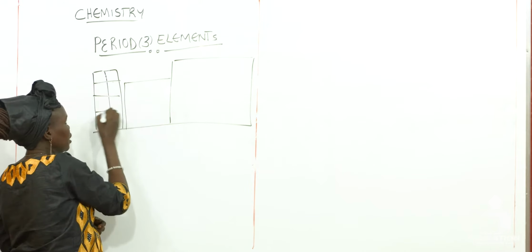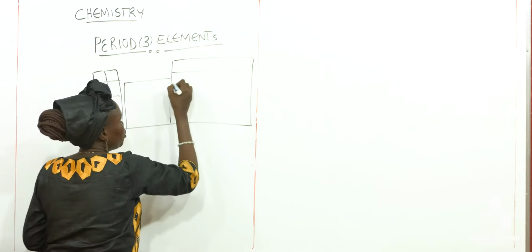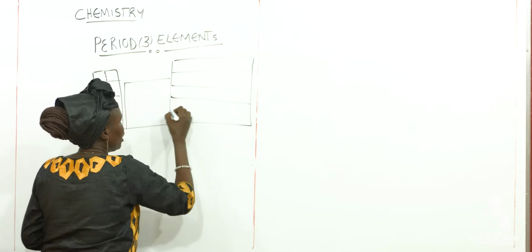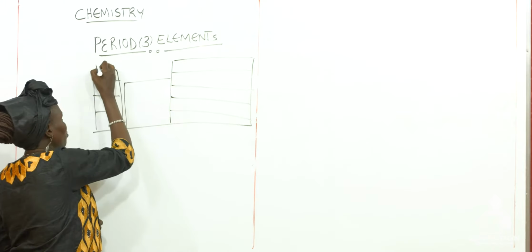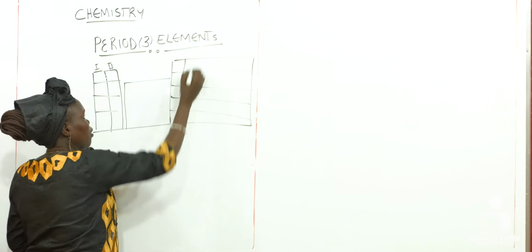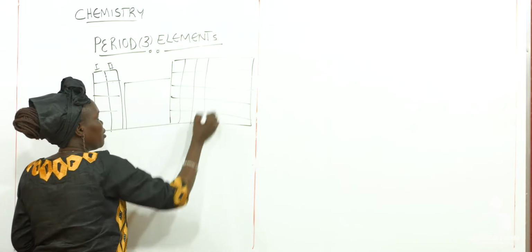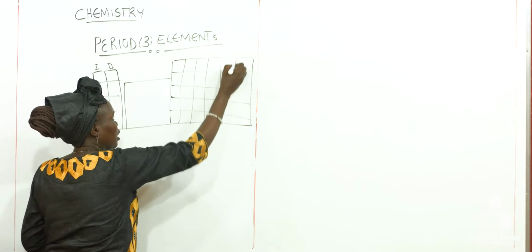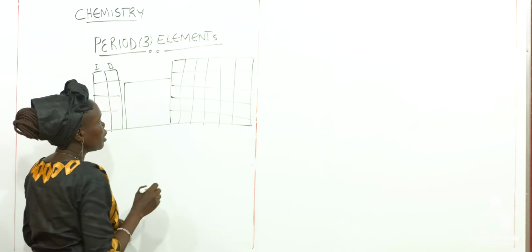This is representing the periodic table and we name the columns as group 1, group 2, group 3, 4, 5, 6, 7 and 8.